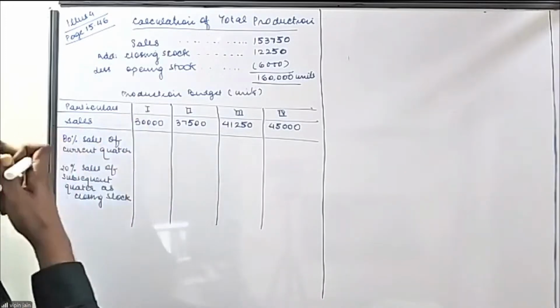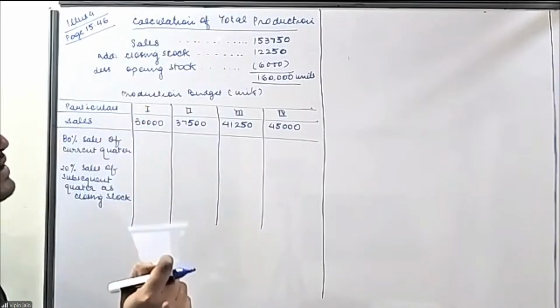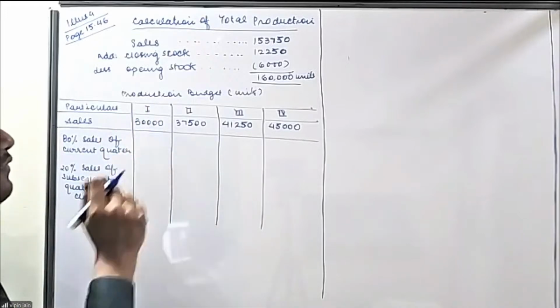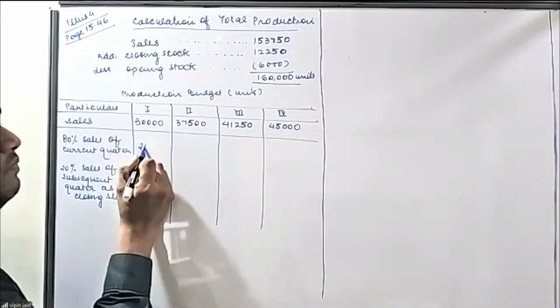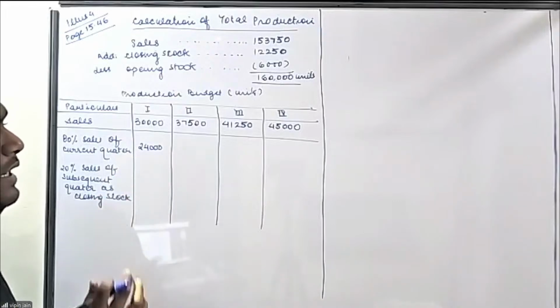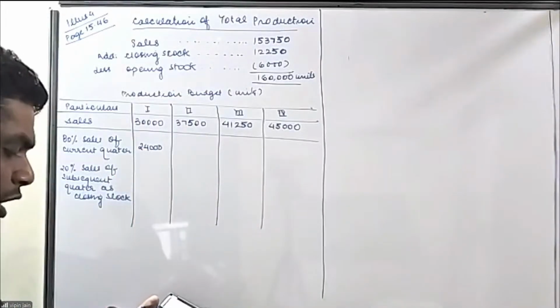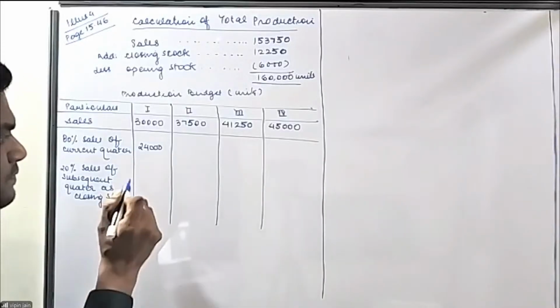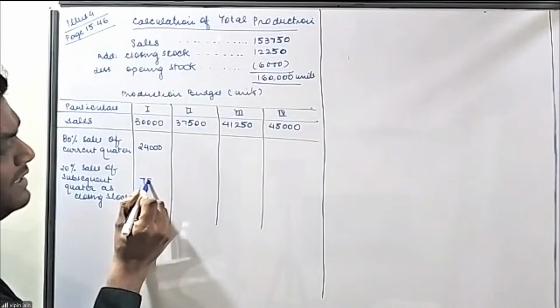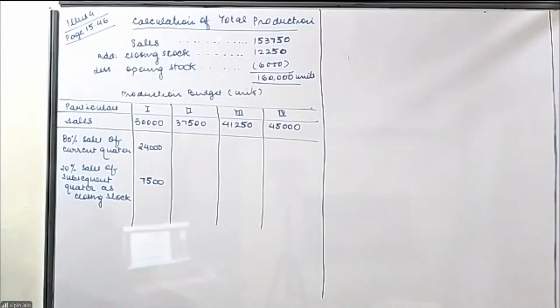So when talking about quarter one, how many units will we manufacture? 80% of 30,000, that is 24,000. And 20% of the subsequent quarter, so 37,500 into 20%, that is 7,500.